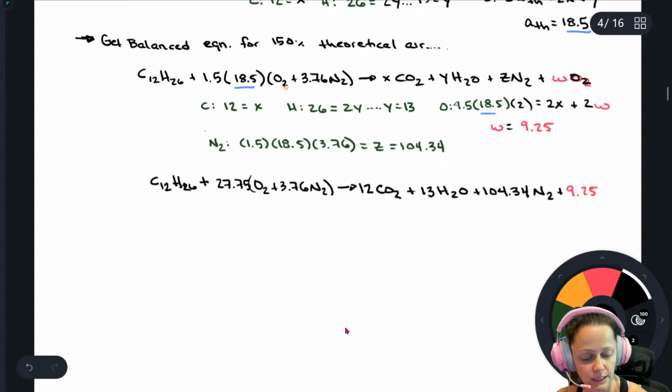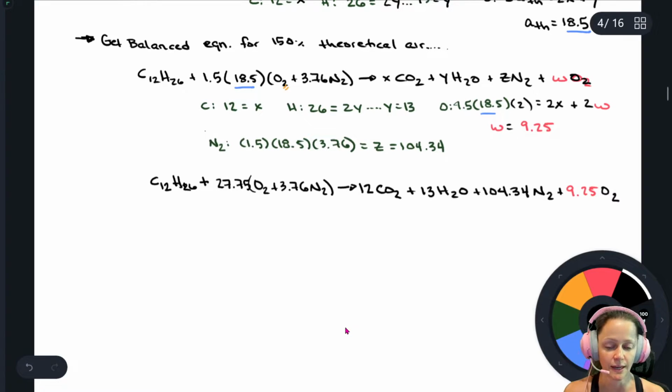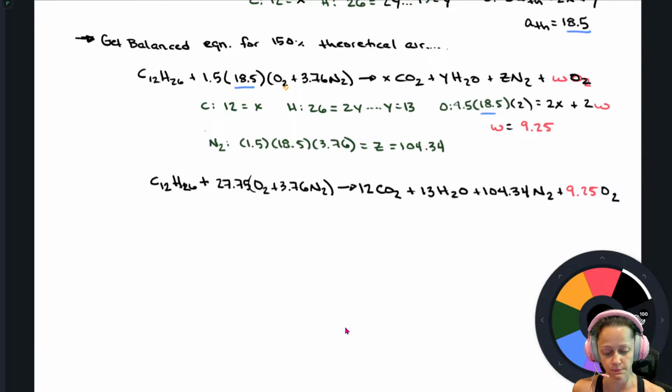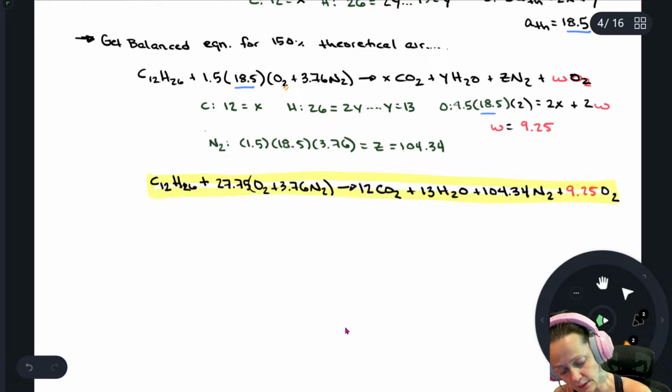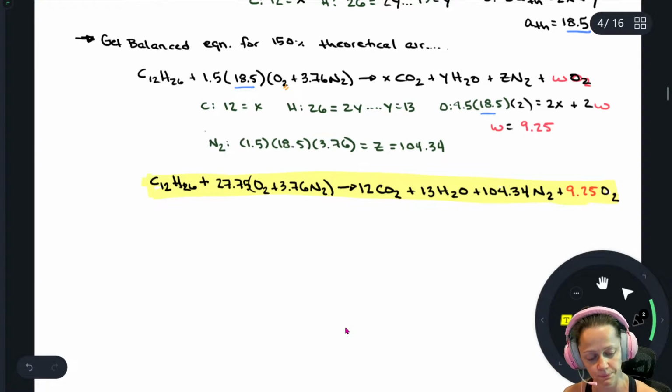I don't know why I'm continuing to color code that, but I am. So I'm just going to highlight that because we'll be referencing it. It's not our answer, but it's my final balanced equation there.